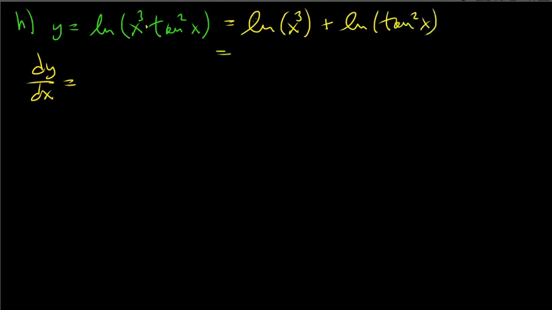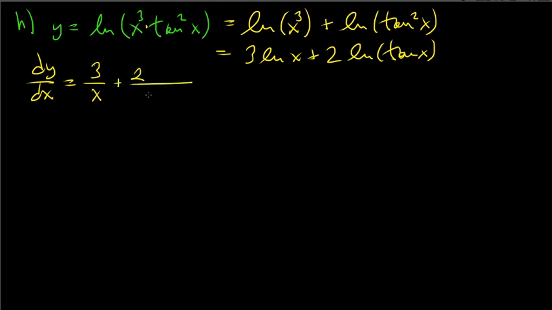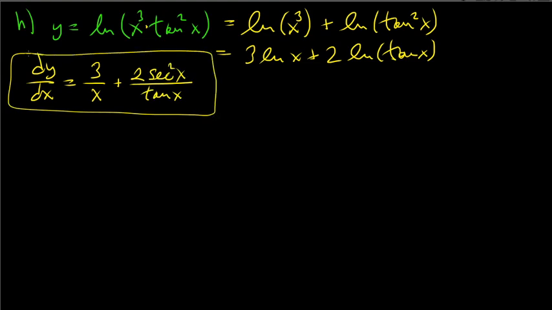And even then you can bring the power in front. Right. So now taking the derivative is pretty routine. You're just going to get 3 over x plus 2 times 1 over tangent, and then the derivative of tangent is secant squared. But I think we can leave it at that, right?